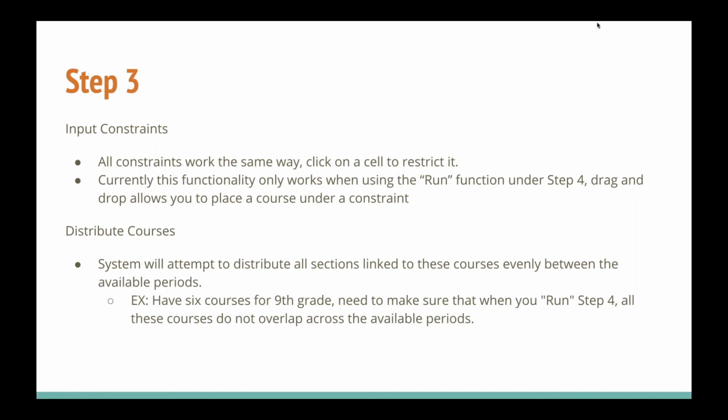If you do it manually, you can drag and drop the course to any cell regardless of the constraint. And then the second part there is to distribute courses. The system will distribute the sections evenly between all available periods so that students have the opportunity to take multiple courses or multiple sections because they don't all appear in the same period.